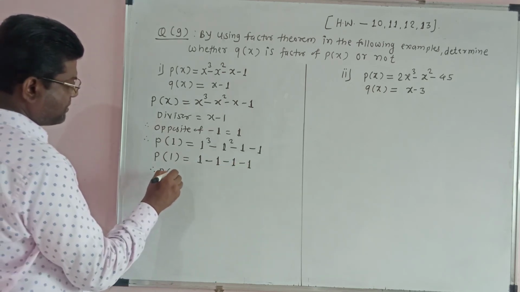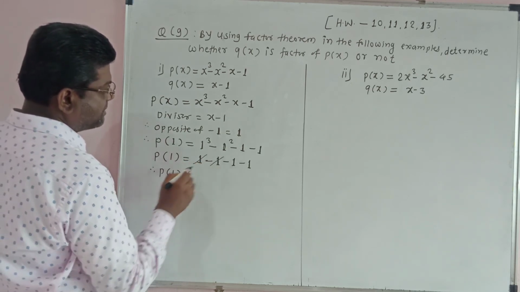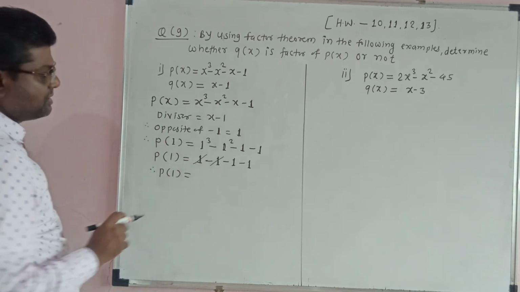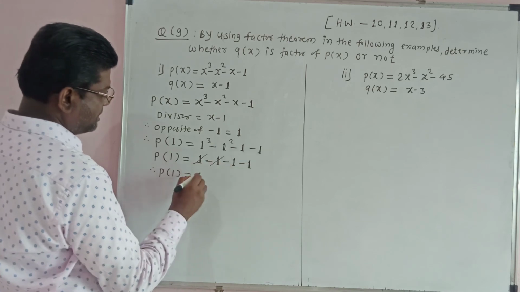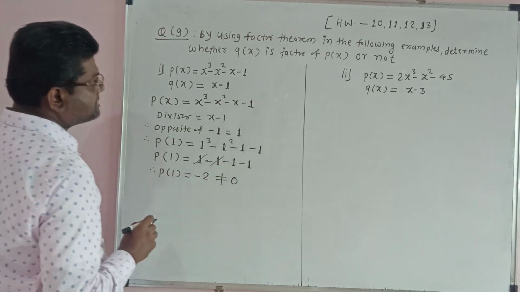Therefore p(1) is equal to this plus 1 and minus 1 will get cancelled, minus 1 minus 1 will be minus 2, that is not equal to 0.